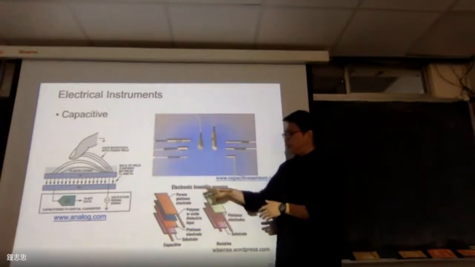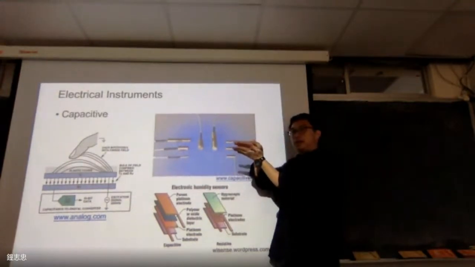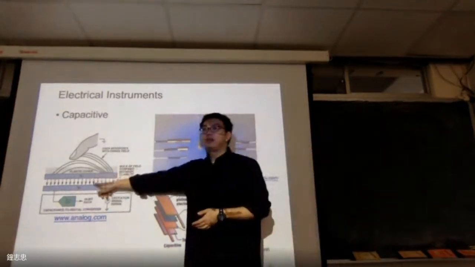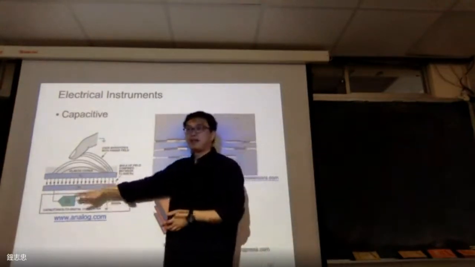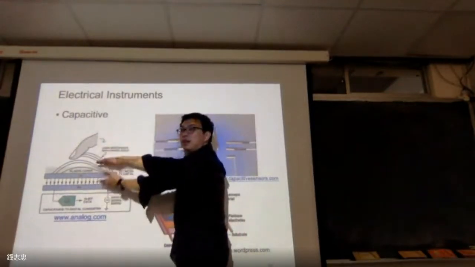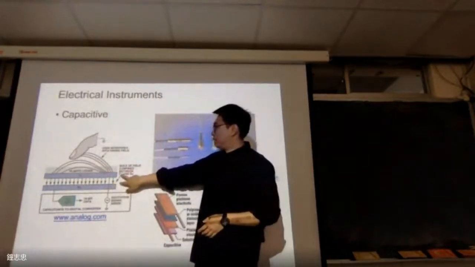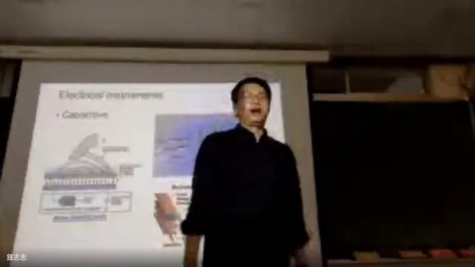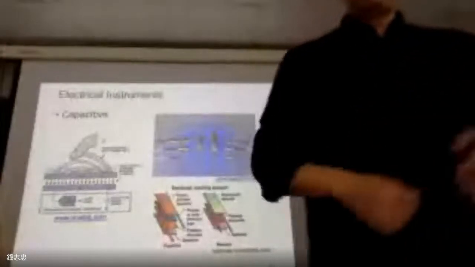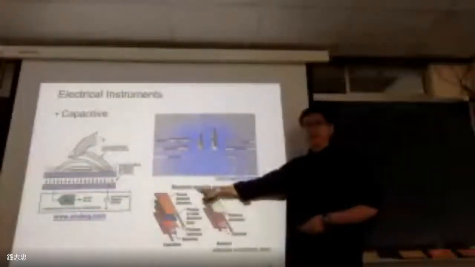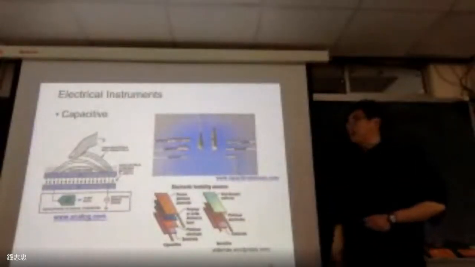For different humidity or temperature, there's a different response of the different metal. With different spacing, you may have different capacitance. The capacitance depends on the distance, the spacing of these two metals, right? So when we have a spacing change, we may have a capacitance change, so we can measure the change of the temperature, as well as the humidity. This is the same idea.